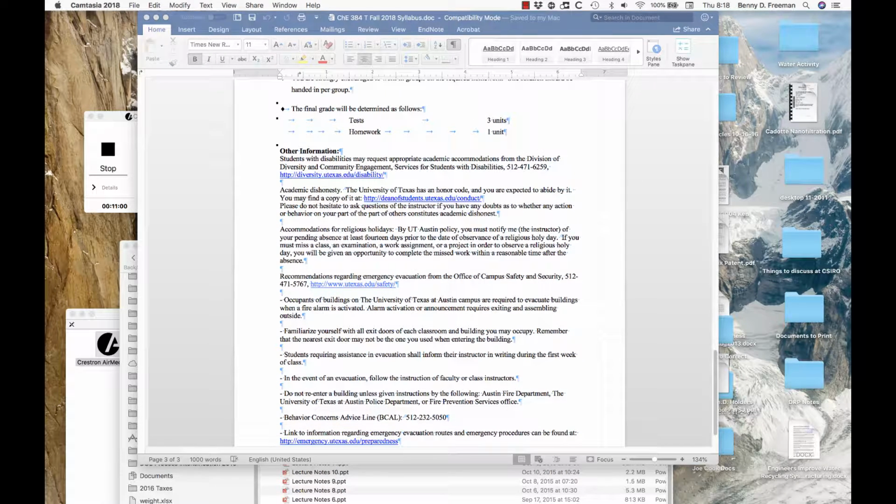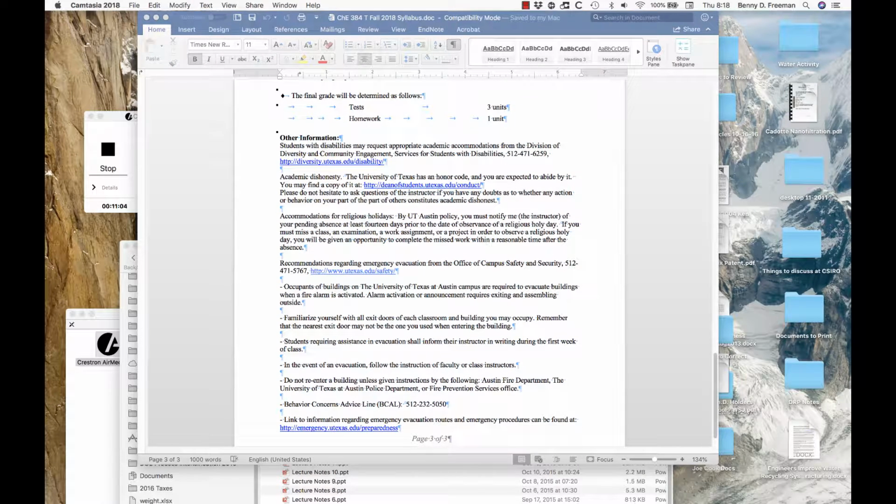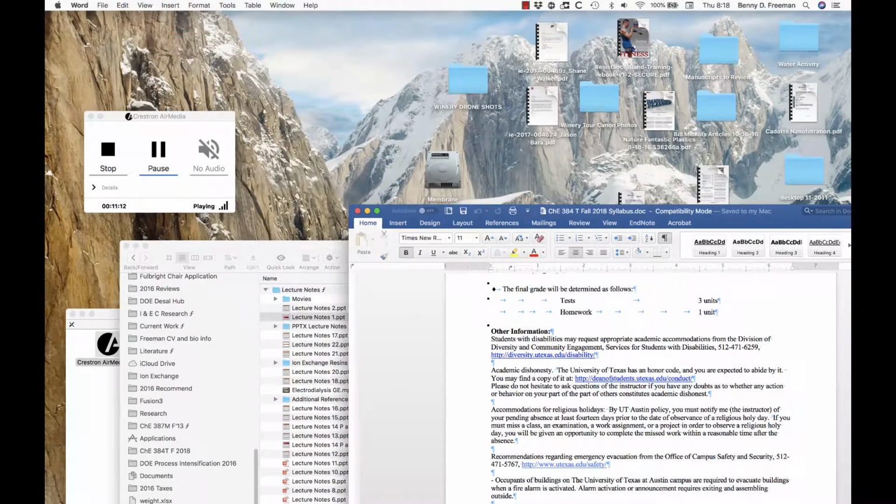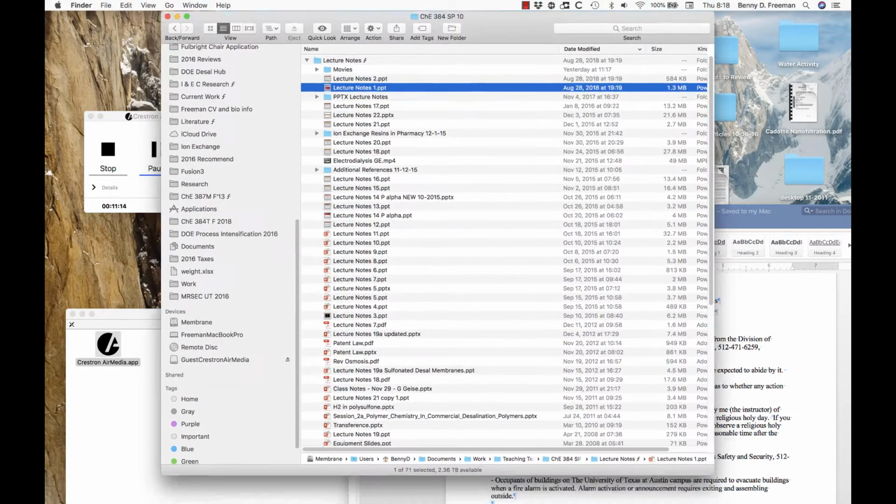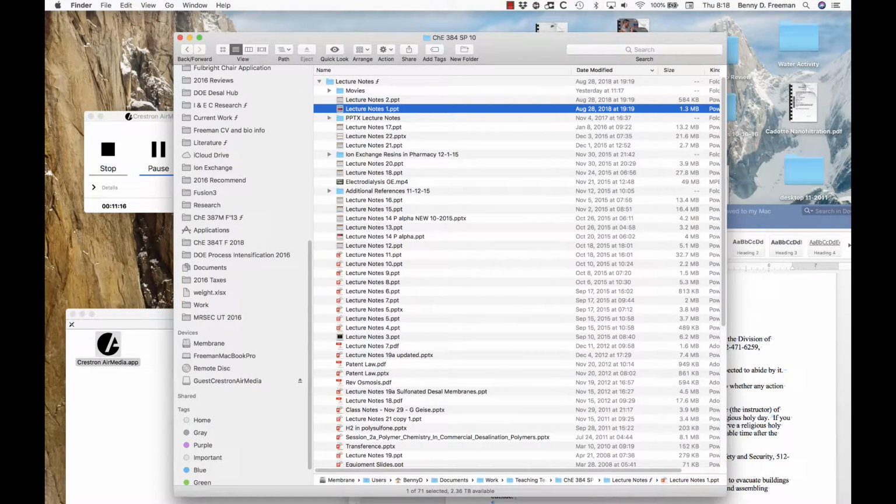We also have boilerplate information in the syllabus that I'm not going to belabor here, but that is required by the university. So that's all I have about that. Everything that I will show you in here, including lecture slides, movies, you name it, will all be for you on the Canvas site. You can download it anytime you want.